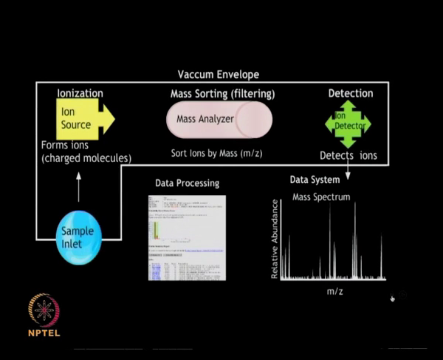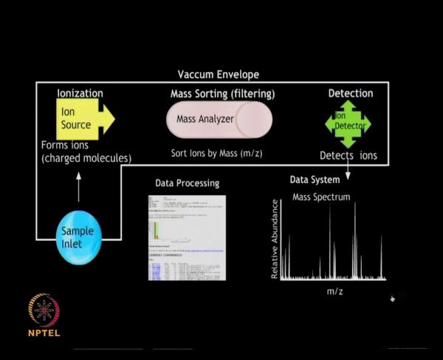Let us first define these terms so that our understanding of each component becomes clearer when we come to the advanced concepts. Sample inlet: this is the first point of contact where the sample is introduced into the mass spectrometer either as liquid nano droplets or as a mixture with the matrix.